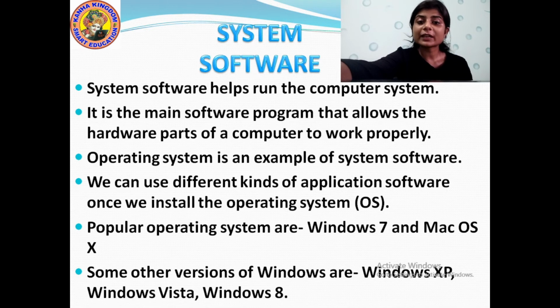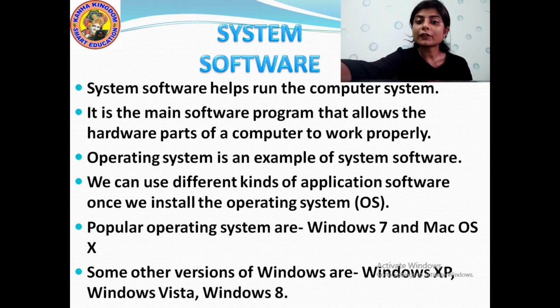We can use different kinds of application software once we install operating system in our computer. Then some popular operating systems are Windows 7 and Mac OS. OS means operating system X. Mac X is an operating system which is installed in the computer.